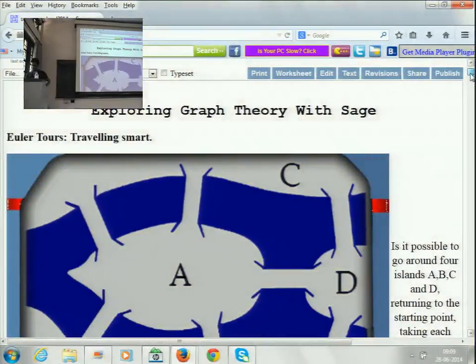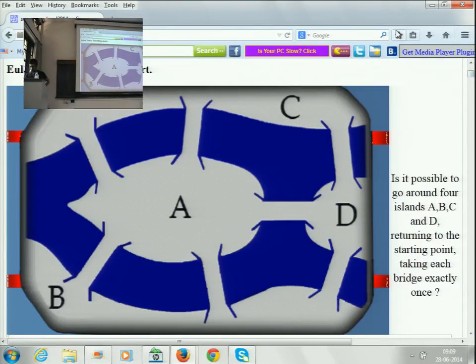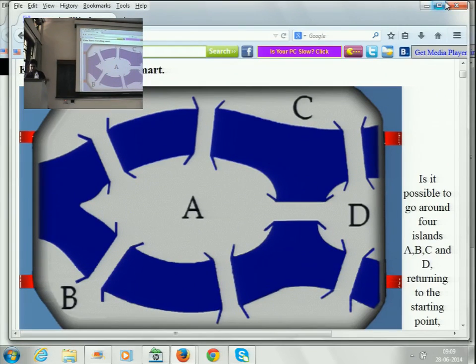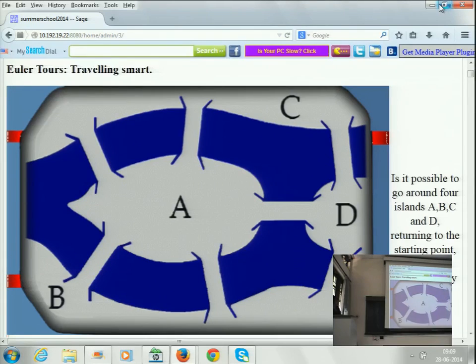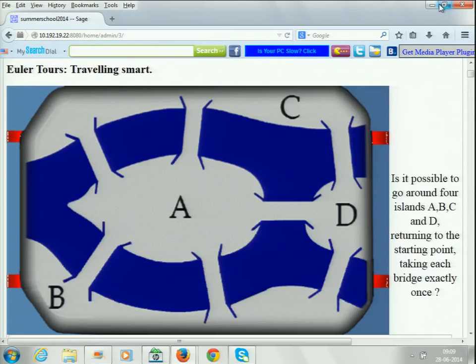So we'll start with almost the first problem in graph theory. I can't make it bigger, so the text is getting squeezed into the corner. I hope you can see that. So there's a city called Königsberg, a mathematician called Euler happened to be there, and there are 4 islands A, B, C, and D, connected by bridges.